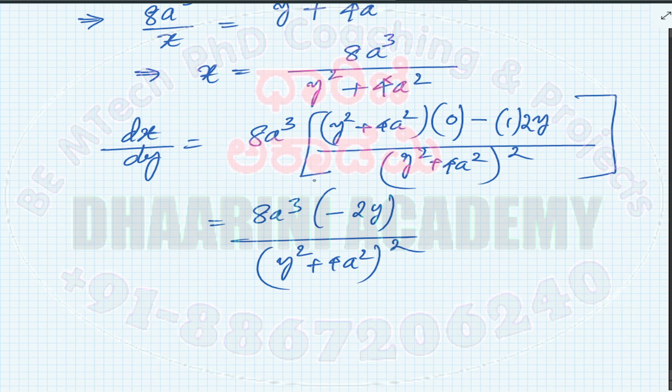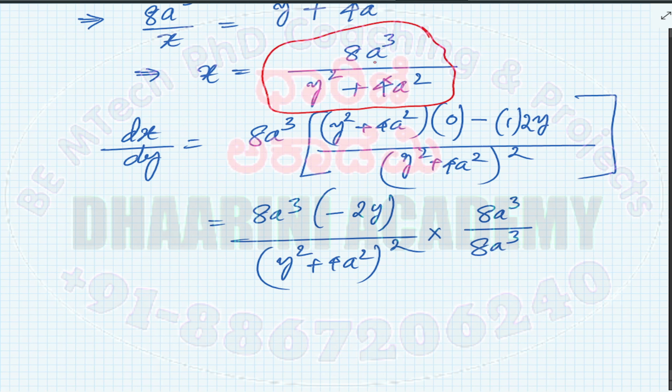So what I can write, if I multiply and divide by one more 8a cube, 8a cube divided by 8a cube. Why am I doing this? Because this term, 8a cube by y square plus 4a square, is x. But I have one extra in the denominator. To get that, I need to write another term. So now this becomes easy for you to understand.